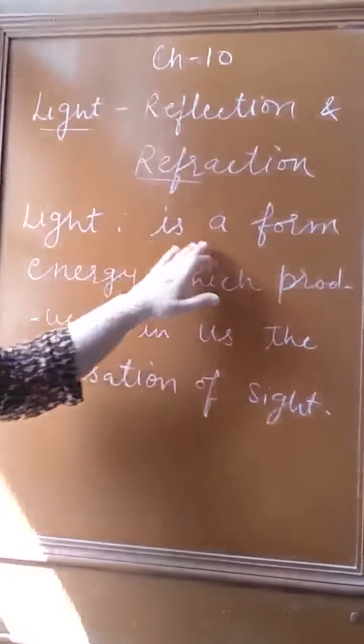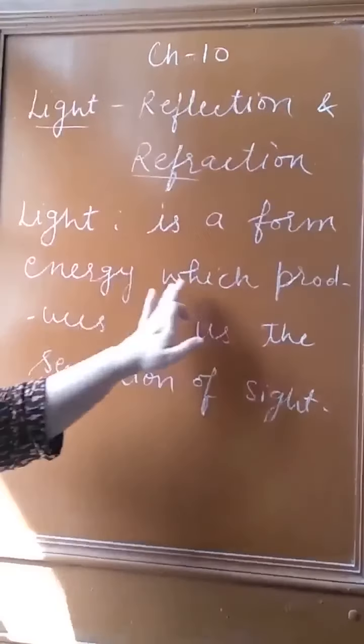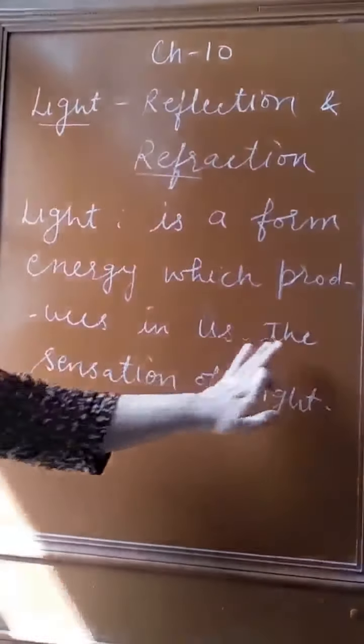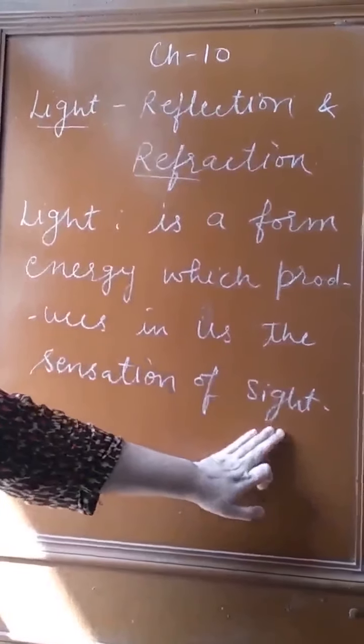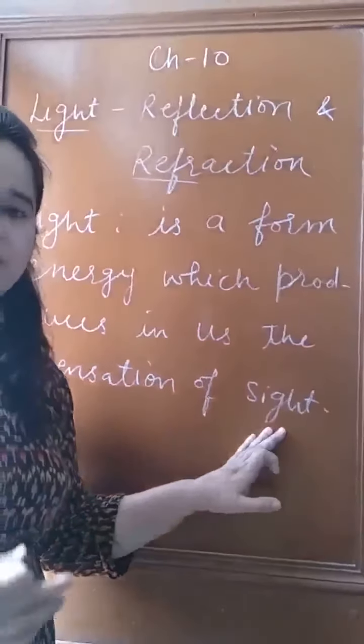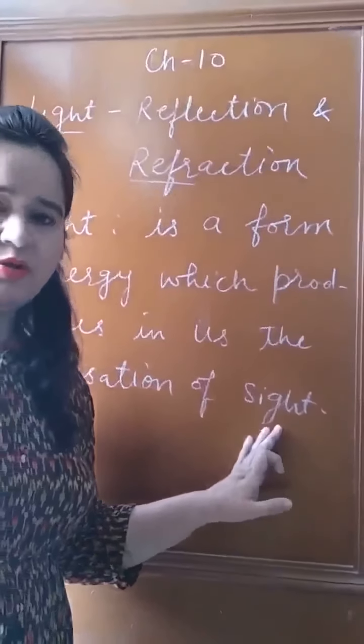So, light is a form of energy which produces in us the sensation of sight. तो light की help से हम हर चीज को देख सकते हैं. But without light we cannot see the objects.